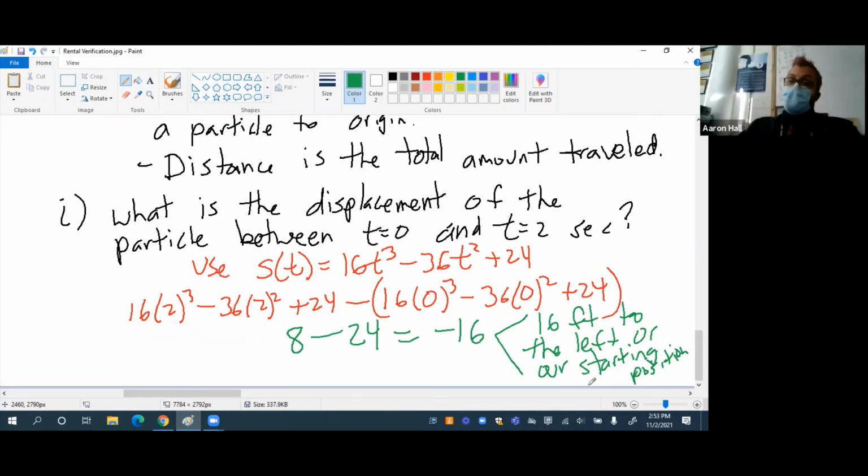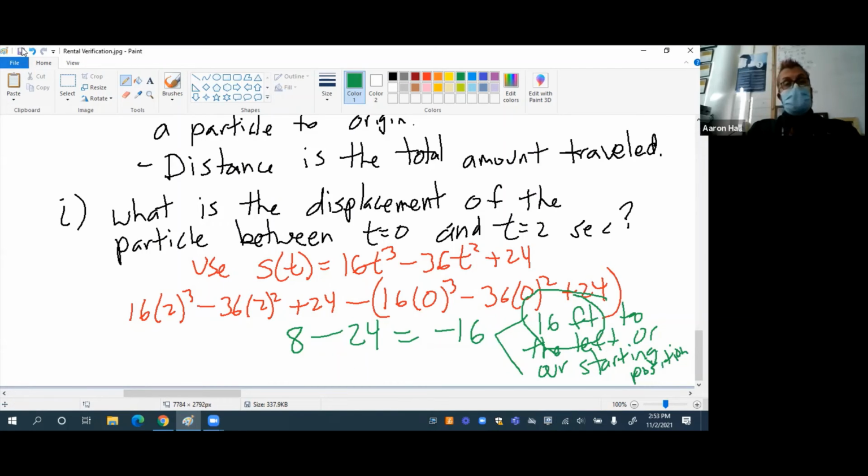All right, the next question is, what's the total distance traveled? Is it the same? Can the total distance traveled be less? No, it can't be less. Can it be more? How? How can it be more?